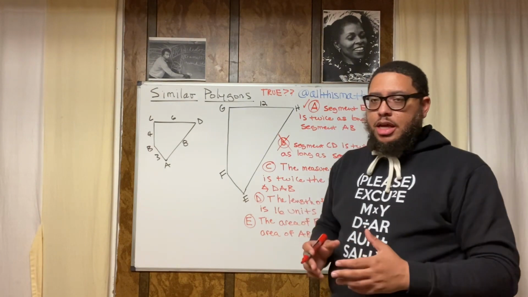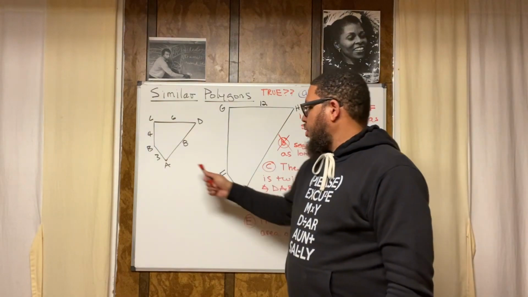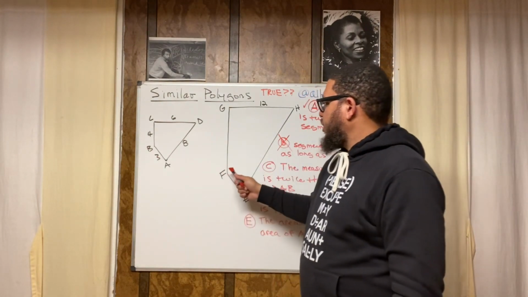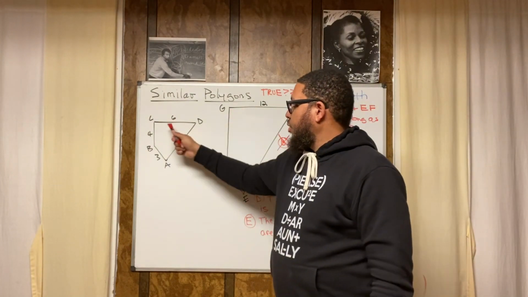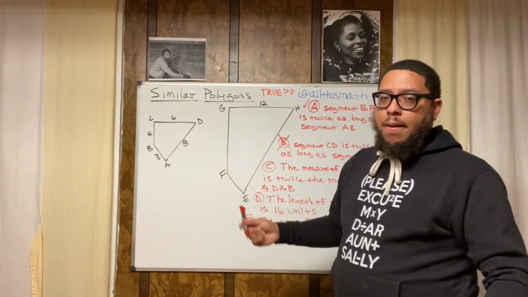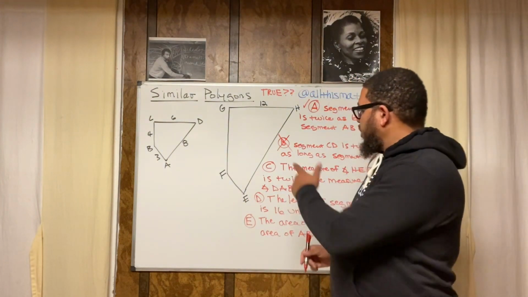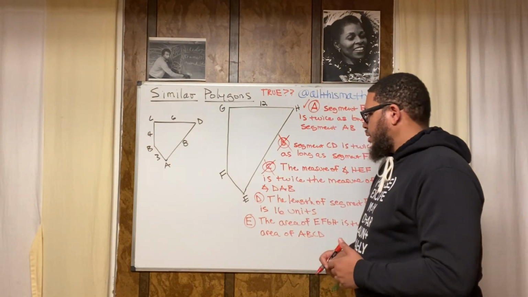So this angle matches up with this angle, they're congruent. B with F, they're congruent. C with G, they're congruent. D with H, they're congruent. Again, A with E, they're congruent. Angles are going to be congruent.